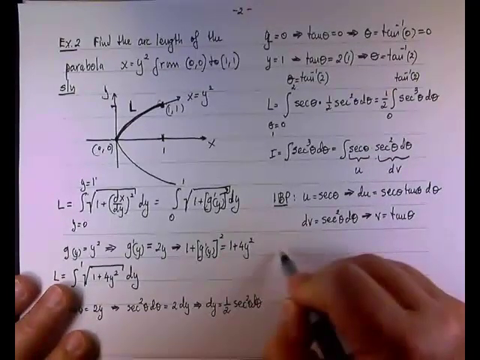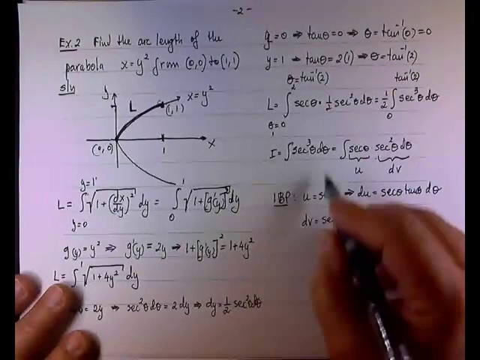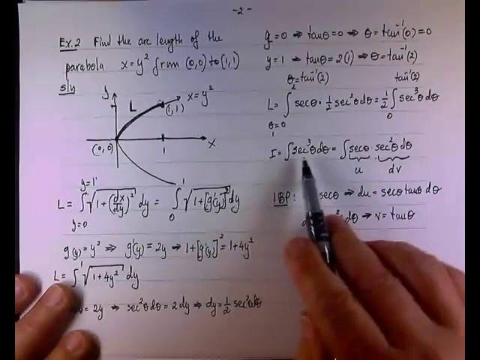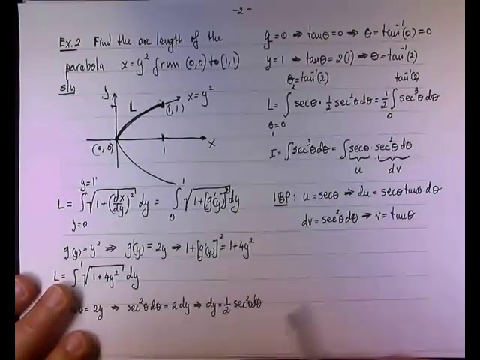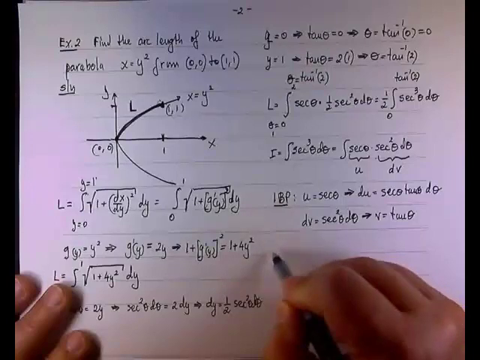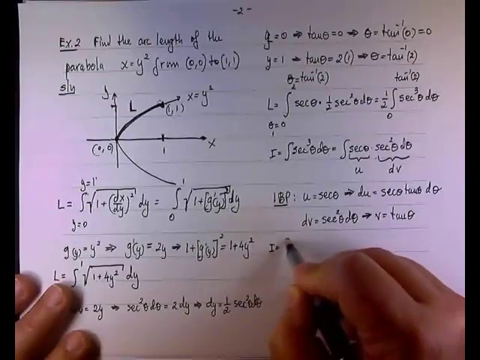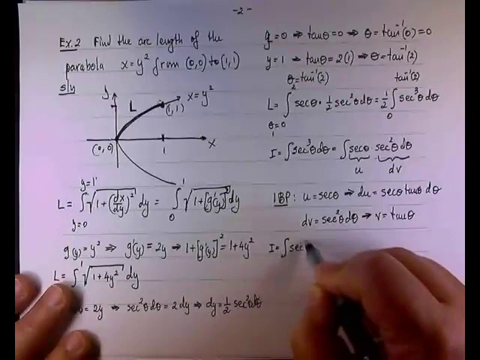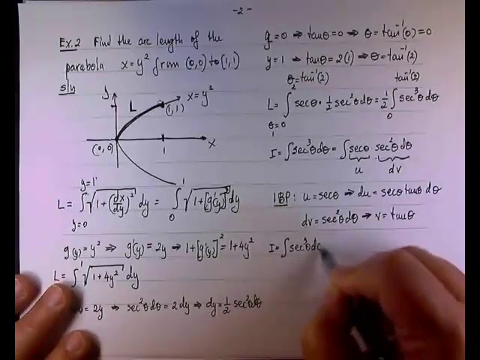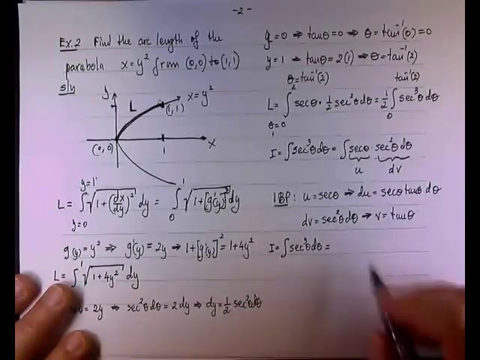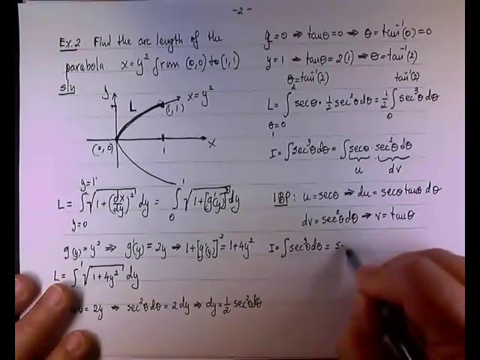Now I have the components, and I'm going to say that I, or the integral, I'm interested to keep that secant cubed for a reason that will be clear later on. I, which is the integral of the secant cubed d theta, equals u times v.